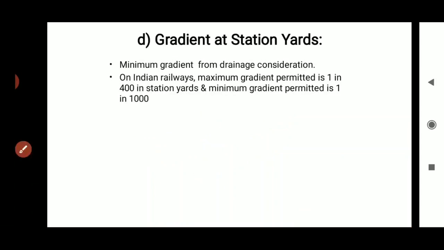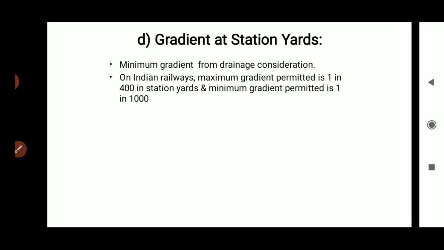So generally a slightly falling gradient is provided on the railway track where the train starts to move at the station yard. In Indian Railways, the maximum gradient permitted in station yards is 1 in 400, and the minimum gradient permitted is 1 in 1000.